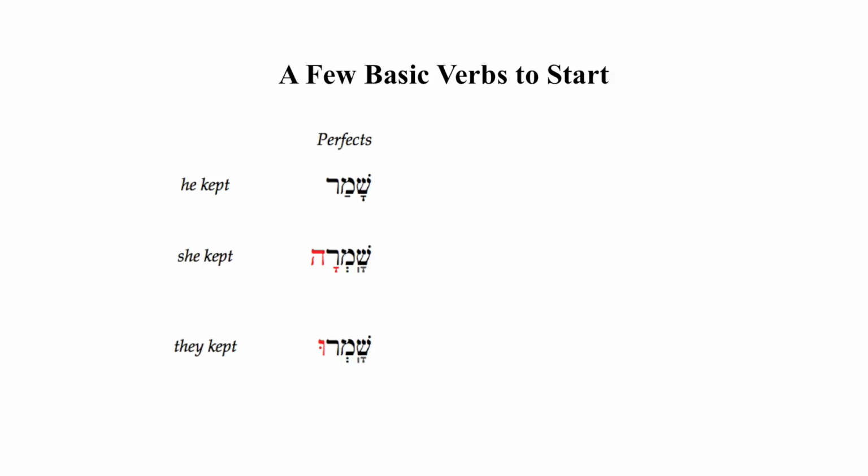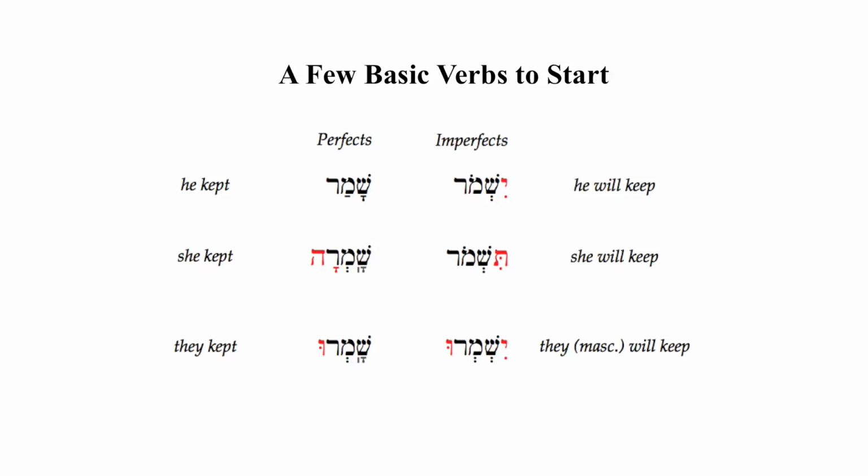We're also going to use what is called an imperfect. Now think of it this way: perfect, completed, imperfect, incompleted. So your perfects are going to tend to be completed, past action. Imperfects are going to tend to be incomplete, present or future action.